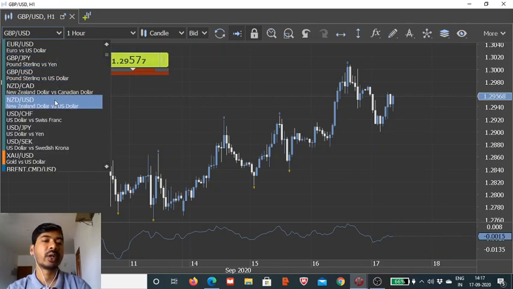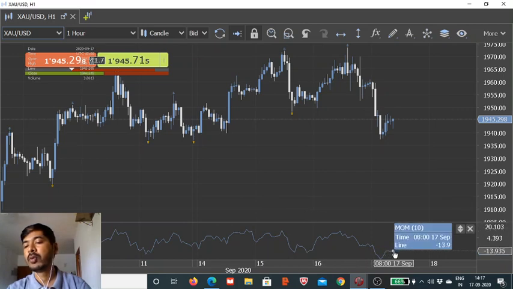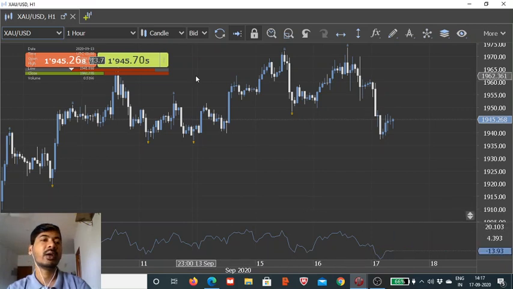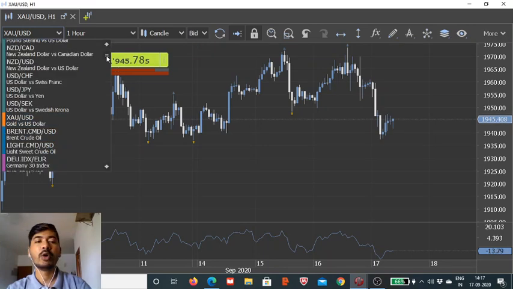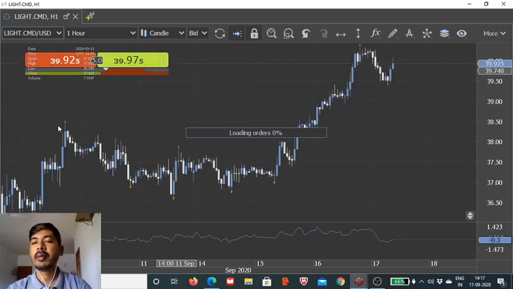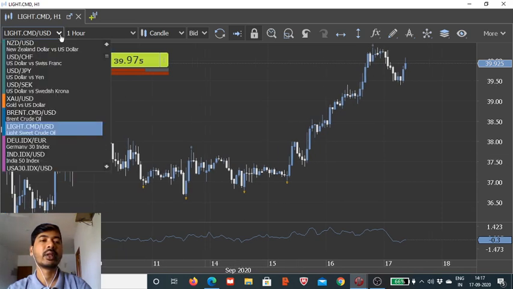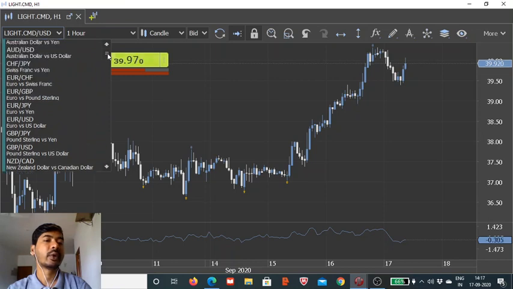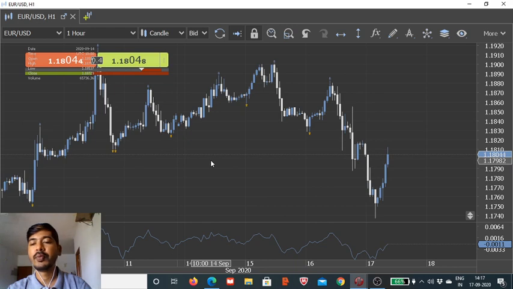If we change it to a commodity like gold, the output value will be denoted differently. Different instruments will offer different output values for the MOM, and that's because this is not normalized. We are not taking percentages into consideration, we are simply looking at the magnitude of the price move.